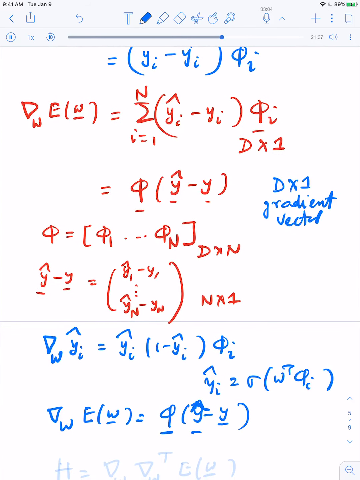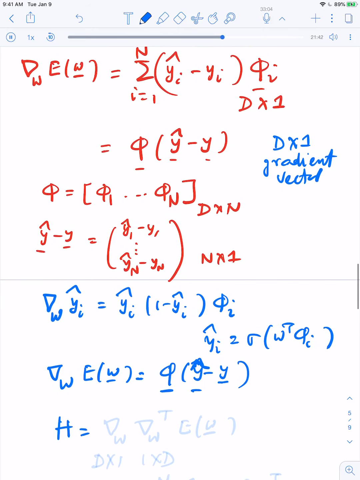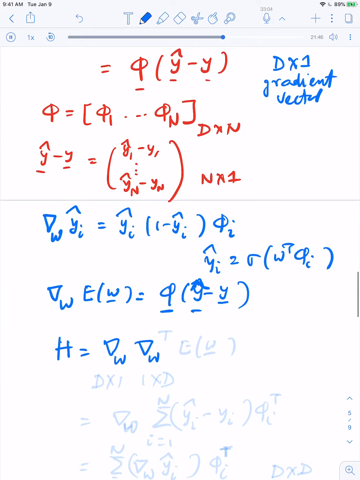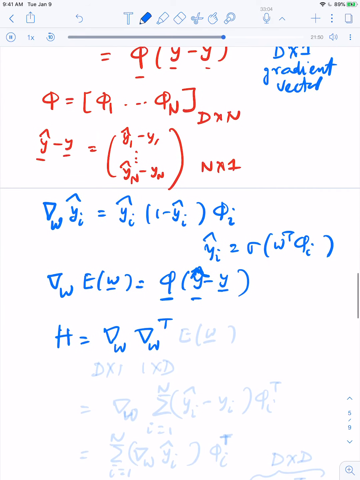In order to apply Newton's method, I also need the Hessian. And we have seen that the Hessian is compactly written as this. A lot of people write it as gradient square, but really, in order to get the dimensions to work out right, it's more accurately written as gradient transpose operating on the function.